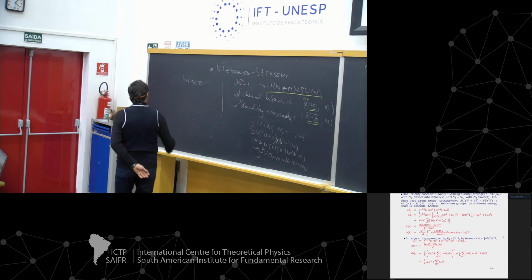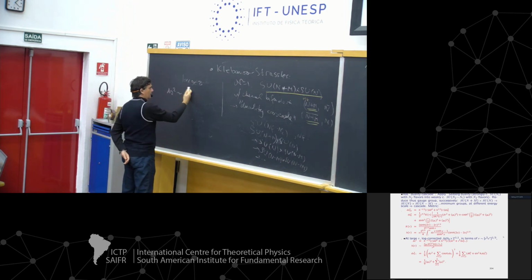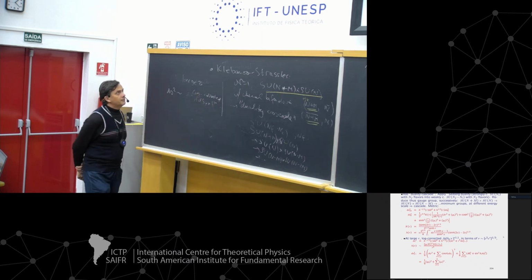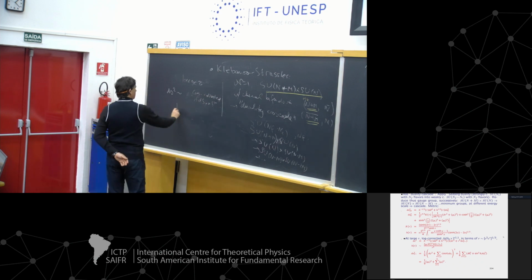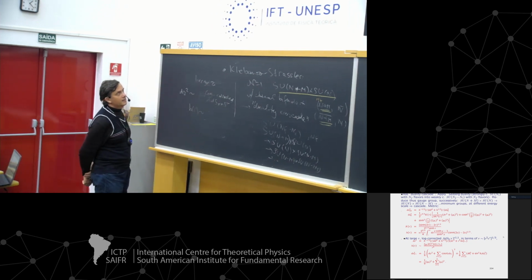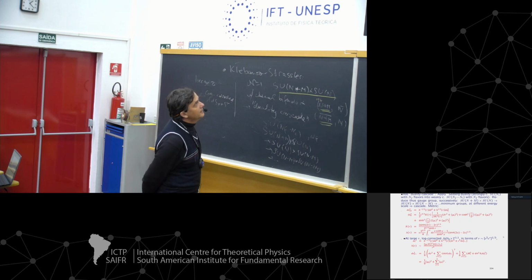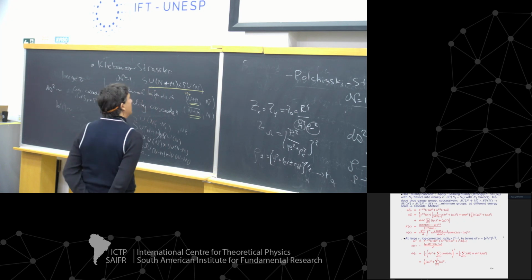So then ds squared becomes log-corrected AdS-5 cross S5, meaning that the harmonic function has this log of R minus R over Rs, and otherwise it's the standard one.